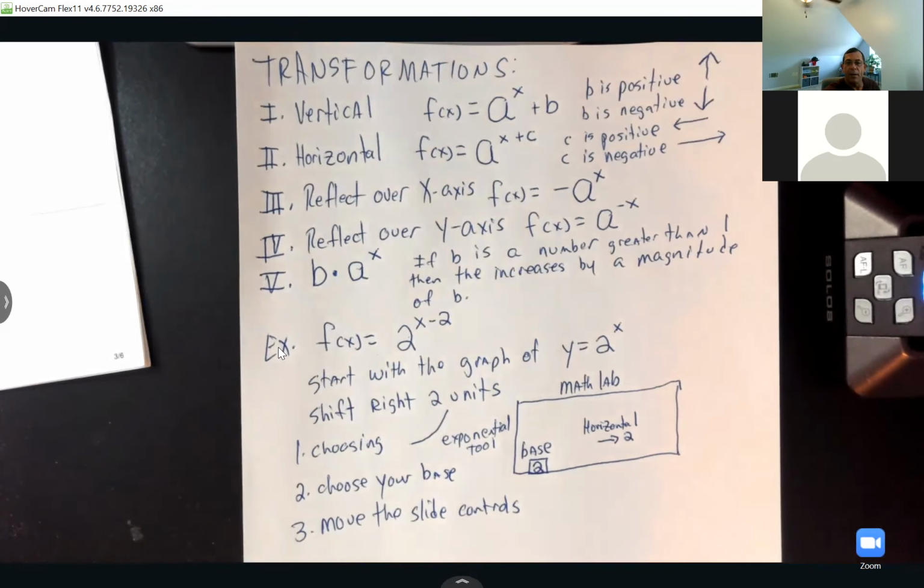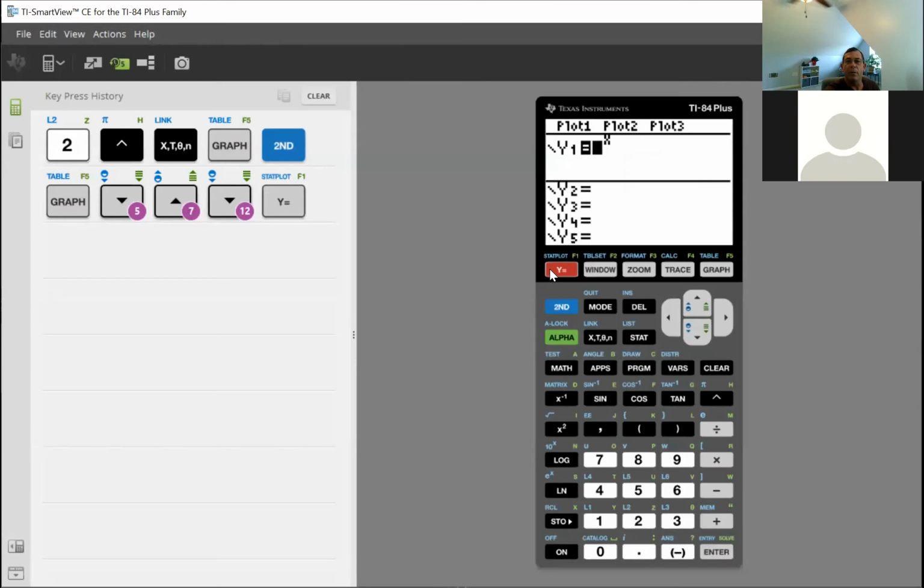All right, and then let me show you on the calculator if you wanted to. You can go to your y equals. So mine was y equals 2 to the x minus 2. So we said that shifted me right 2 units.